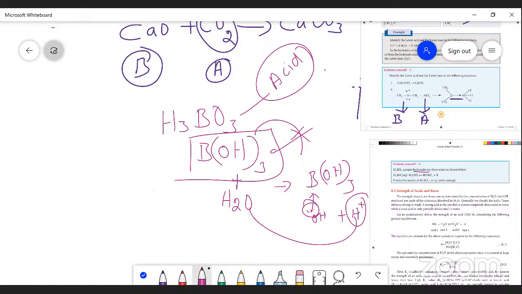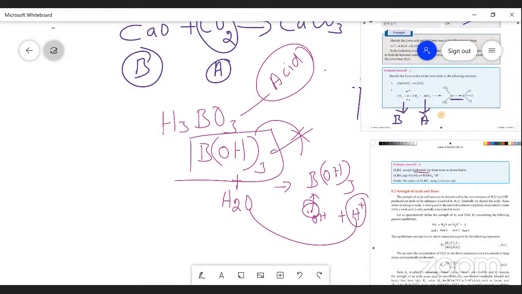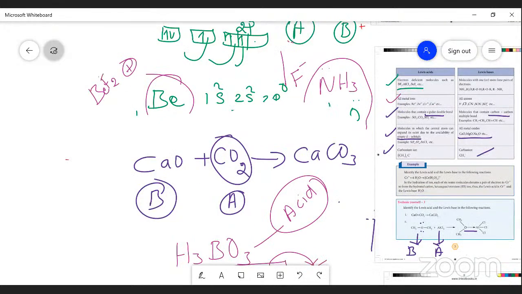That's it. So dear students, today we have seen the introduction to acid base reactions, and the different definitions given by scientists for acids and bases. First, we saw the Arrhenius concept: a substance giving H plus is an acid, and one giving OH minus is a base.